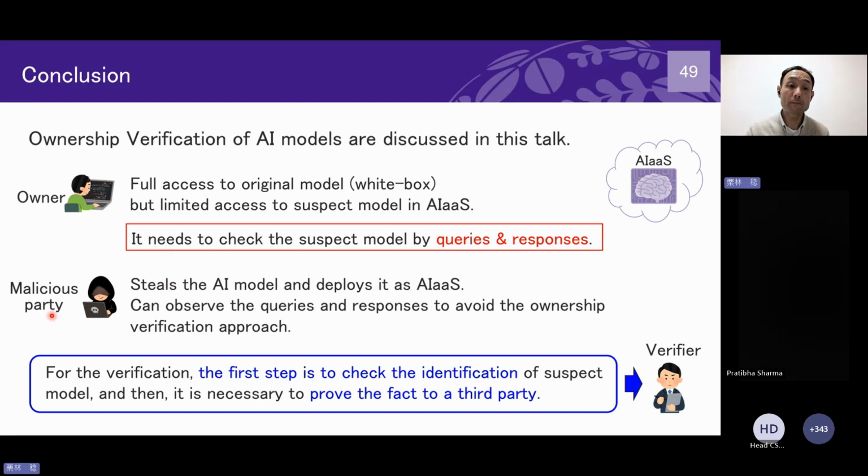The malicious party steals the AI model and deploys it as AI as a service on the cloud server, and can observe the queries and responses to avoid the ownership verification approach. So for the verification, the first step is to check the identification of the suspect model, and then it is necessary to prove the fact to the third party. This is an important factor for the ownership verification.